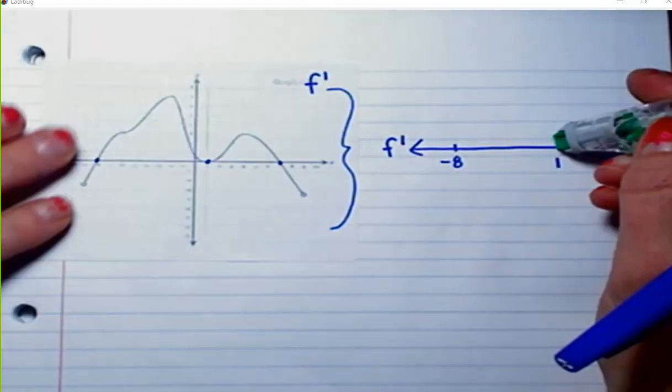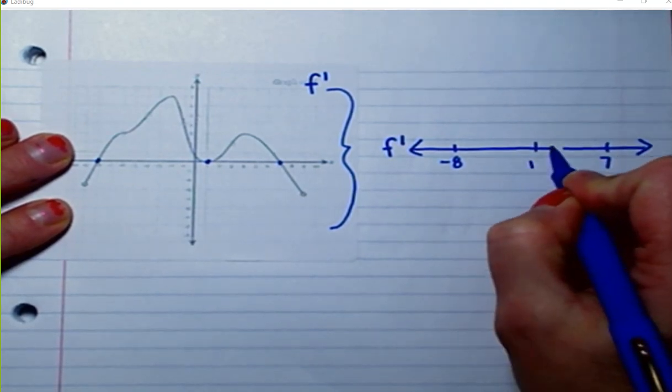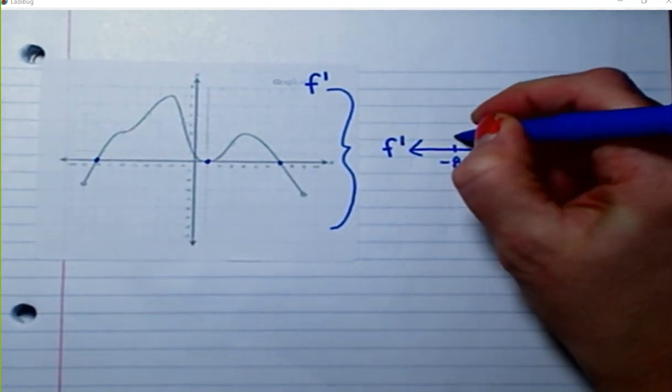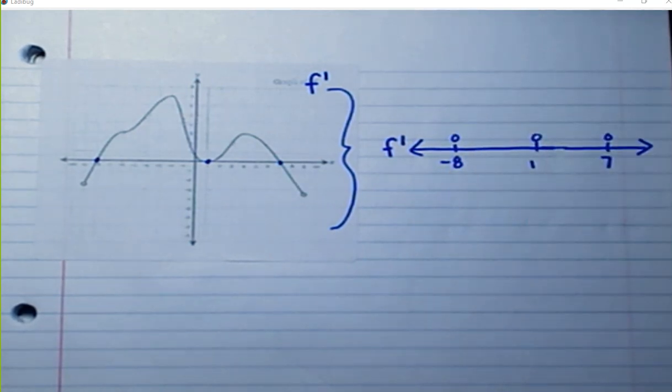I'm going to just change my spacing a little bit. Those are the places where F prime is 0. I have to fill in positives and negatives.